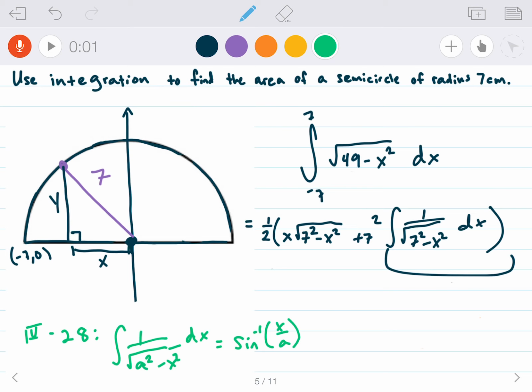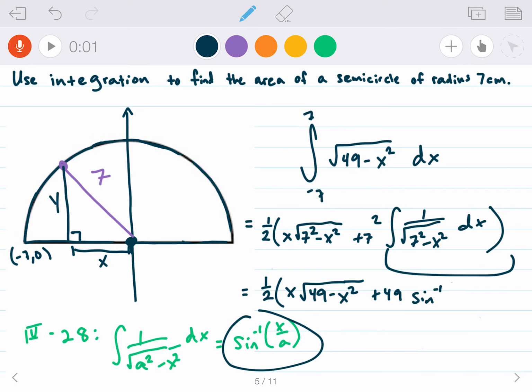So in this case, this is going to be equal to 1/2, and let's simplify that to 49 under there. And so this is going to be plus 49, and then we can multiply that by sine inverse. In this case, our a again is 7, so that's going to be x over 7.